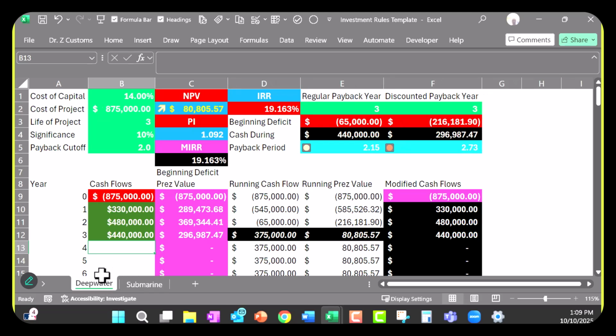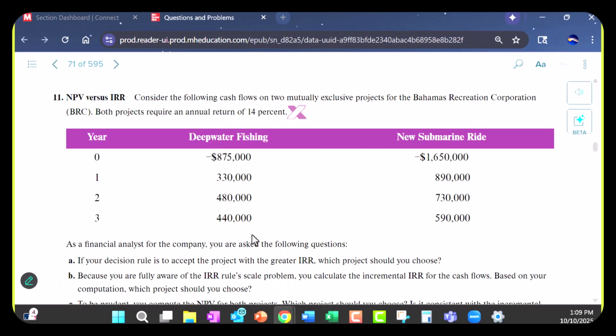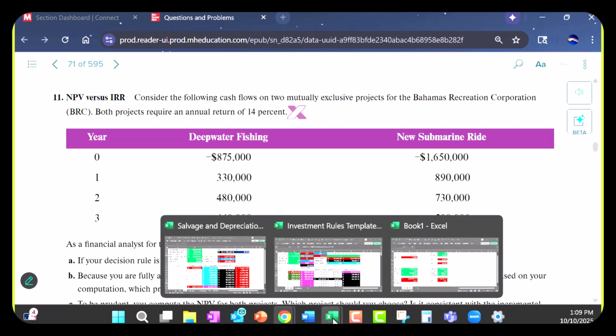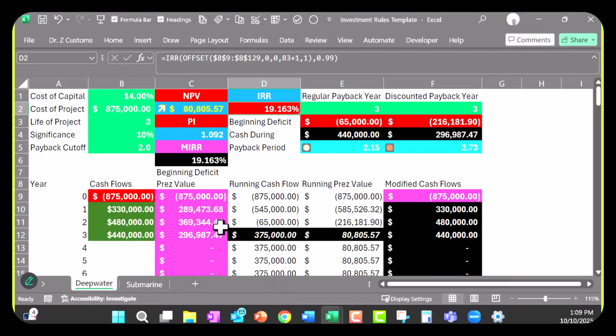Now, in this template, you automatically read off your NPV and IRR, provided that cash flows are conventional. You don't have to worry about uniqueness of IRR. And let's see what the question is asking. If your decision rule is to accept a project with a greater IRR, which project should you choose? Well, let's check.